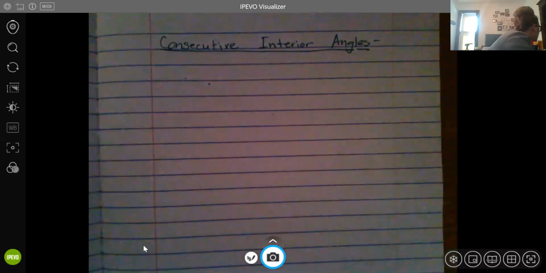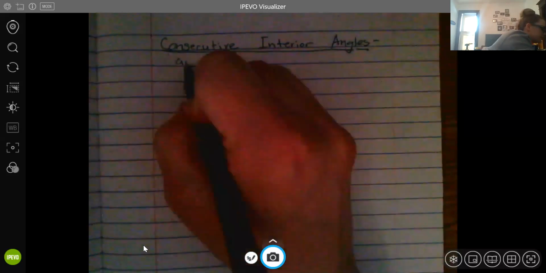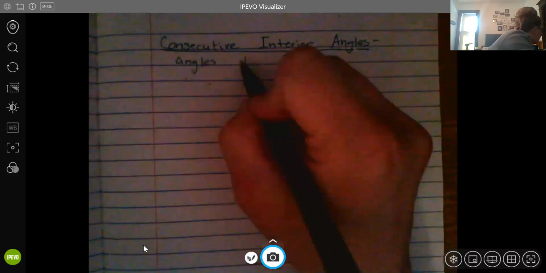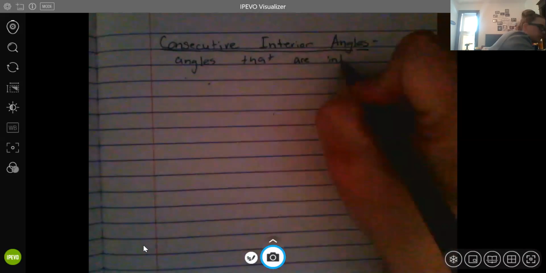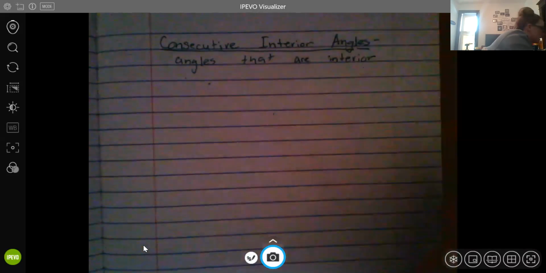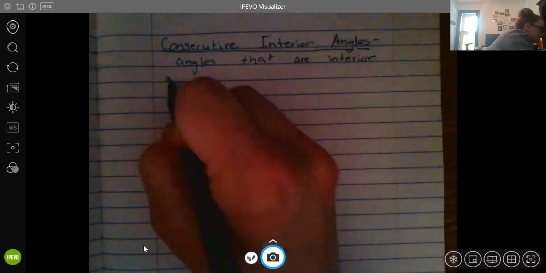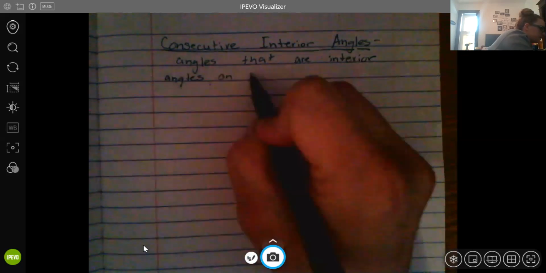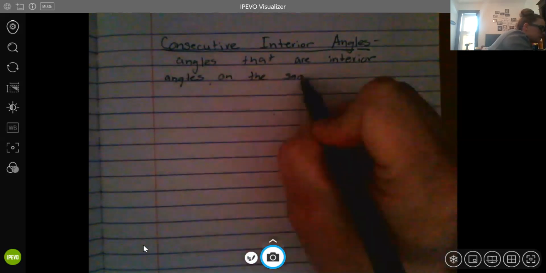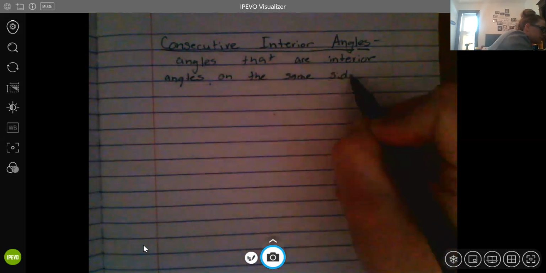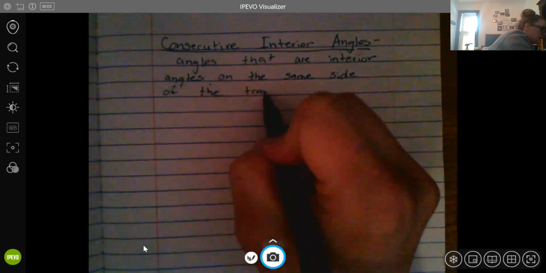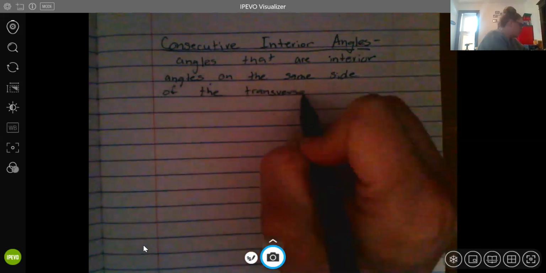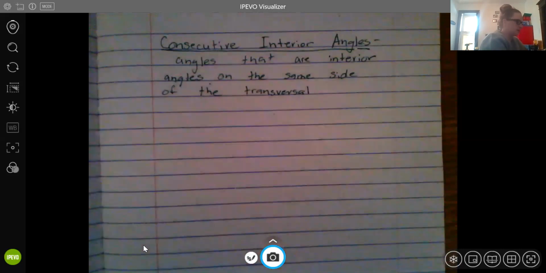So I'm going to say angles that are interior angles on the same side of the transversal. And we have two sets of these when we look here at our set of parallel lines with a transversal.